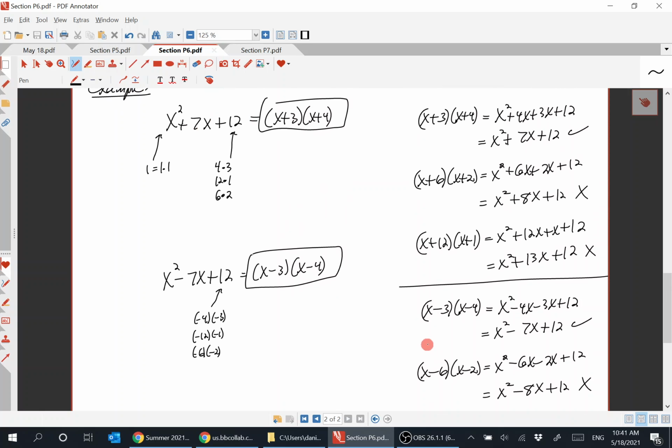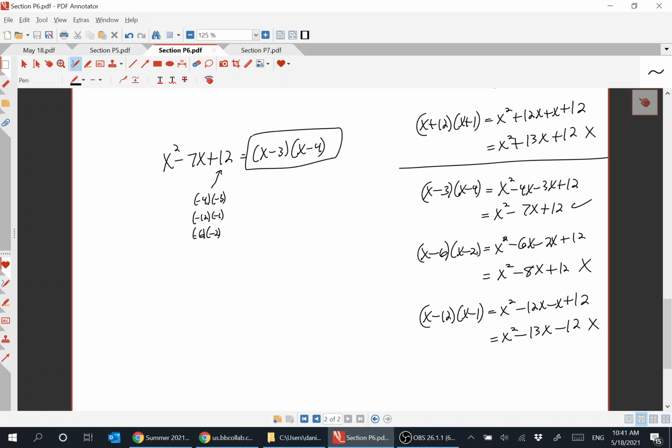So here's one thing to notice from these two examples.